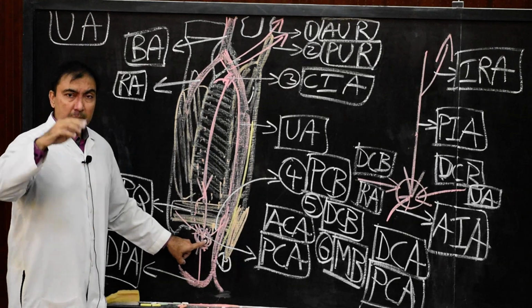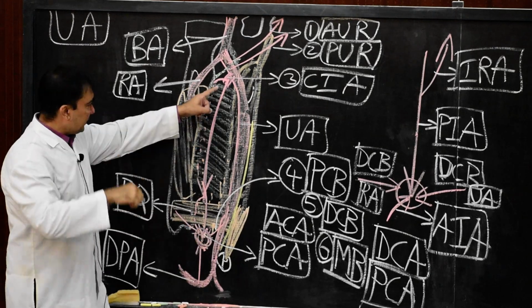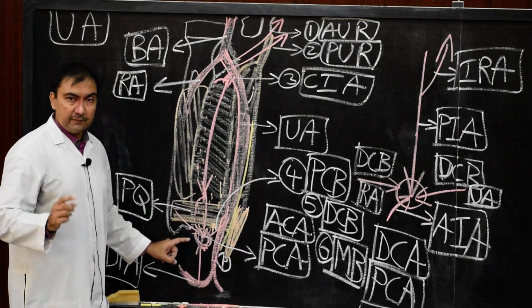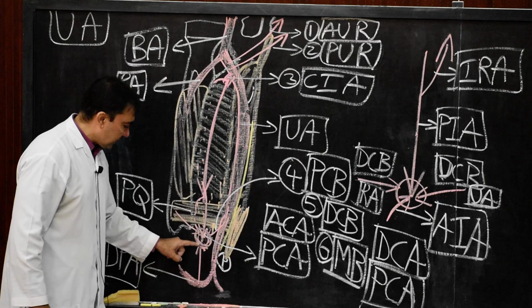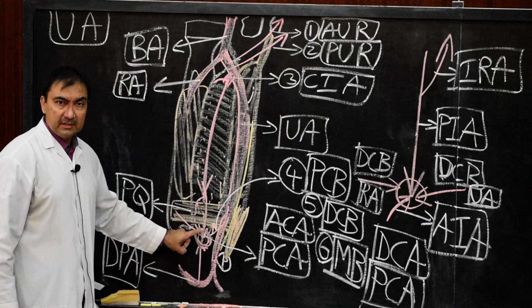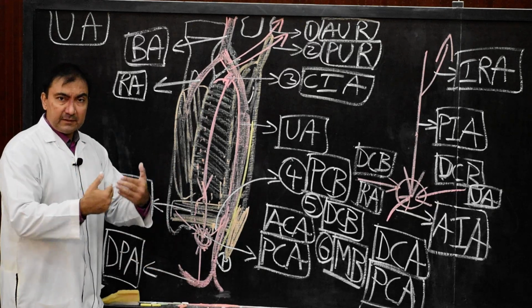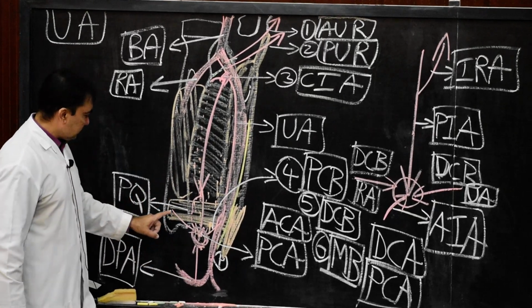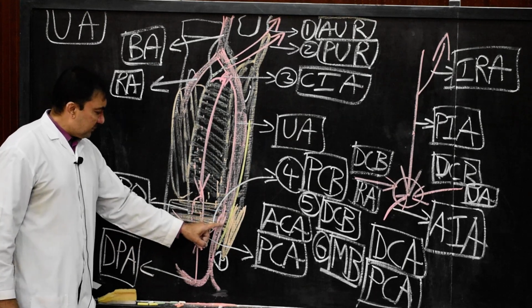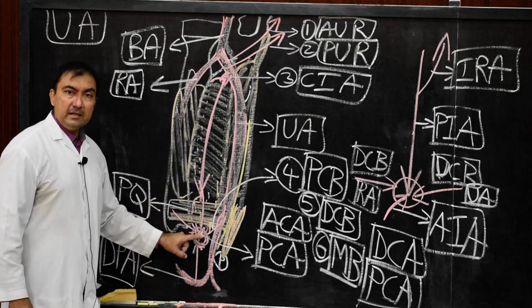How does it form? By 4 arteries. 1 artery coming from above, that is a branch of the anterior interosseous artery. 1 artery coming from below, that is the recurrent branch of the deep palmar arch. Then the 2 arteries which are coming transversely: the palmar carpal branch of the radial artery and the palmar carpal branch of the ulnar artery.